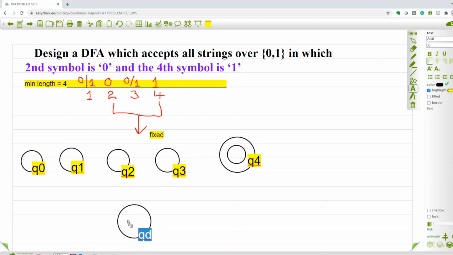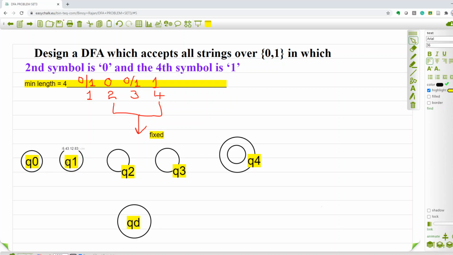Okay, so these are our labels: QD, this is your Q0, Q1, Q2, Q3, and Q4 state.